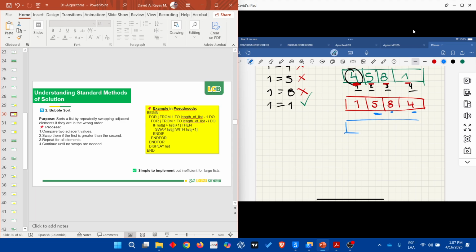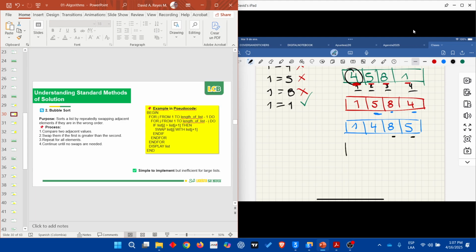So now this is going to be our new list: 1, 4, 8, 5. And we already finished the second position. Now we go to the third position and we ask, is this position greater than this one?